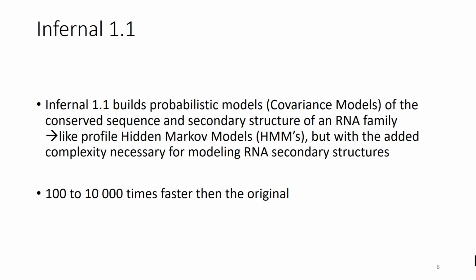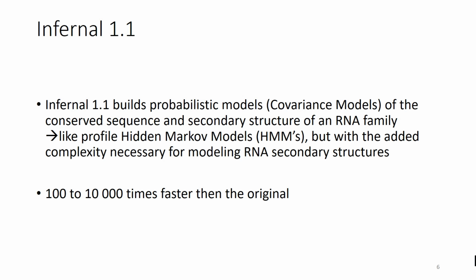So the default search mode uses the infernal 1.1 software. What this does is it builds probabilistic models called covariance models of the conserved sequence and secondary structure of an RNA family. This might sound familiar to some people because it's actually a lot like the hidden Markov models.